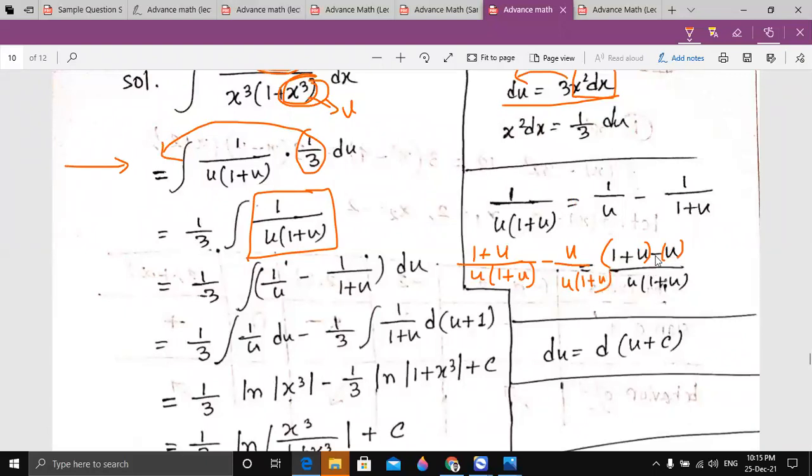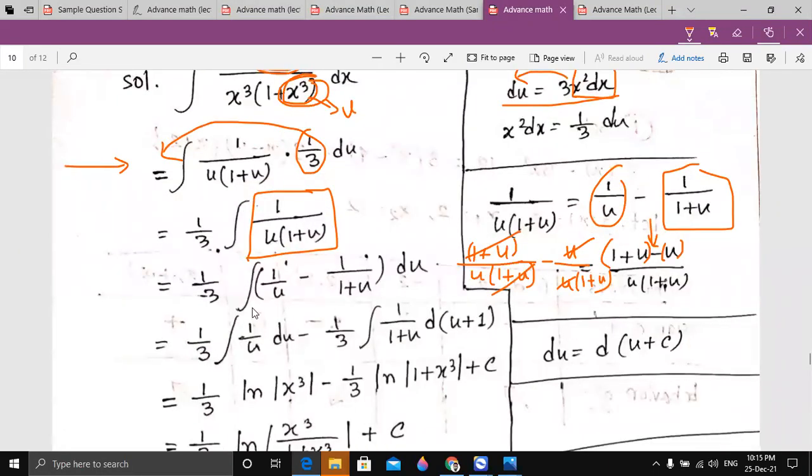Am I right? If I divide from this minus, I will get something like this. So I can cancel 1 plus u and 1 plus u, right? And also I can cancel u and u. So ultimately I will get 1 by u minus 1 by 1 plus u. Am I clear, guys?